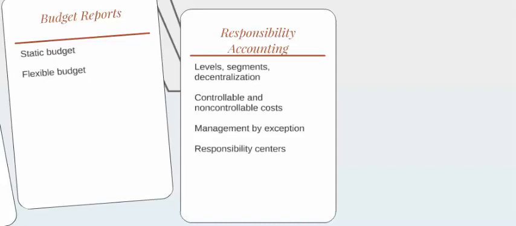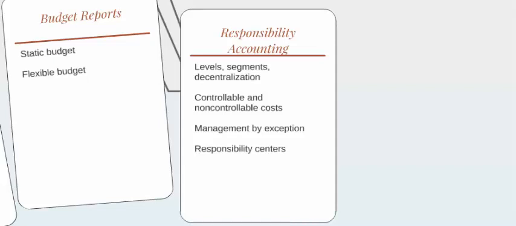So you want only controllable costs on these budget reports for these responsibility areas. Because if you couldn't control it, then you don't need to be assessed on it. Okay? Because it was out of your hands. You didn't have any control. So if that was bad for your area, then you shouldn't be the one that takes the blame for it because you didn't have any control over it. So we want just those controllable costs in our data for these budget reports for these responsibility centers or areas.